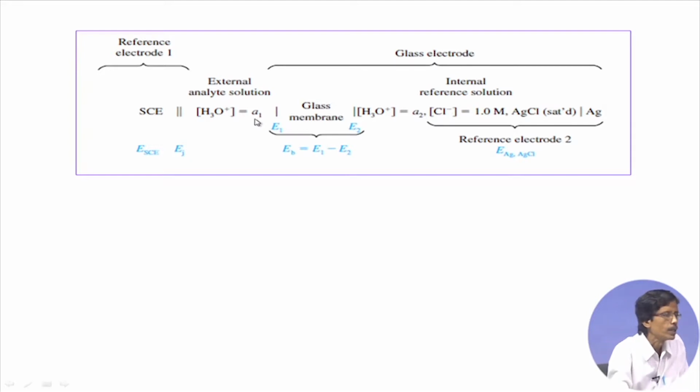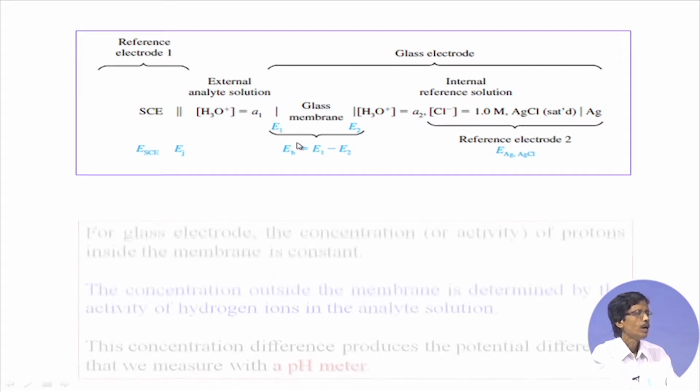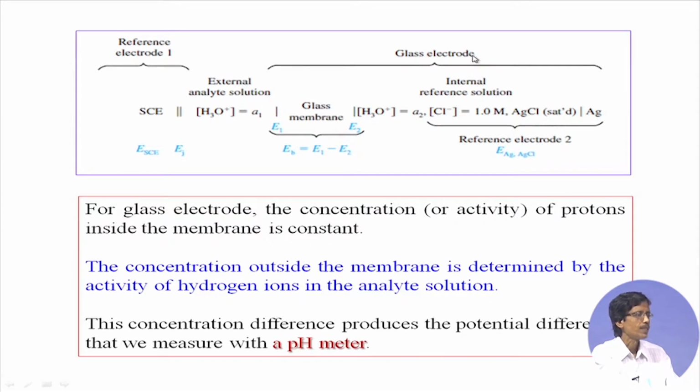So, we will be monitoring some potential by inserting those electrodes, where the activity of this H3O plus, which is your proton concentration, the hydronium ion concentration, A1, can be monitored by utilizing the corresponding change in the potential value. When we use the glass electrode, the activity or the concentration inside the membrane is constant.